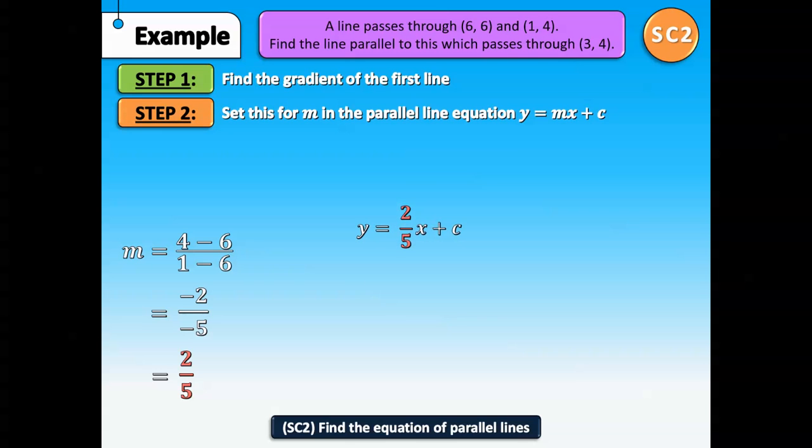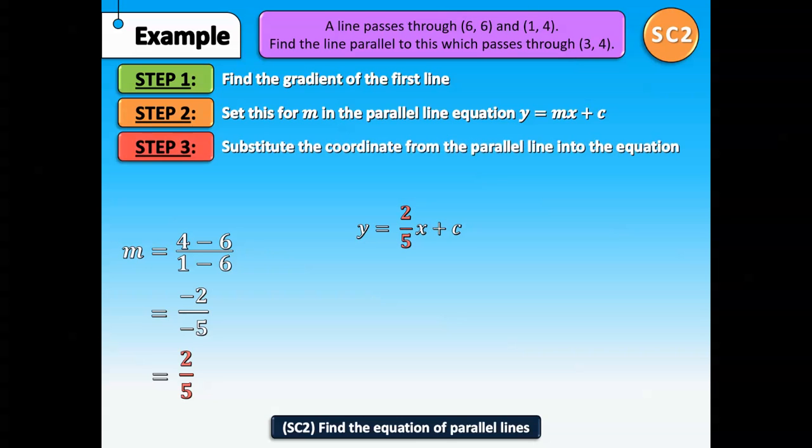So the equation of our line starts off with y equals 2/5 of x plus c. And now we just need to work out what c is. So our line goes through the coordinate (3, 4). So we can substitute 3 and 4 into this equation of the line.